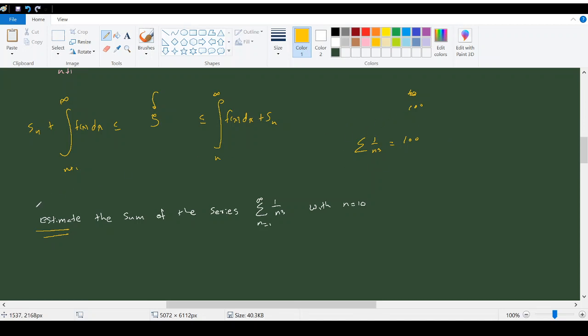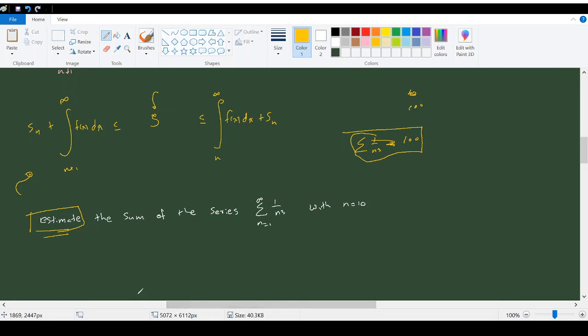But here it asks to estimate, so you don't have to find an exact answer like this. You just need to do some estimation, especially as it involves these inequalities. So let's try to figure that out by using this inequality.